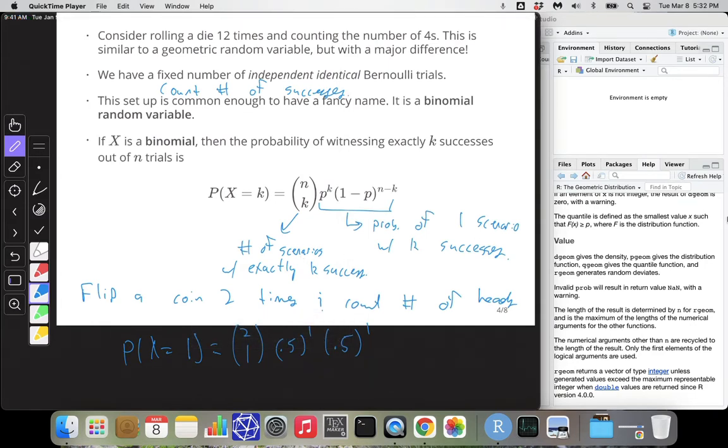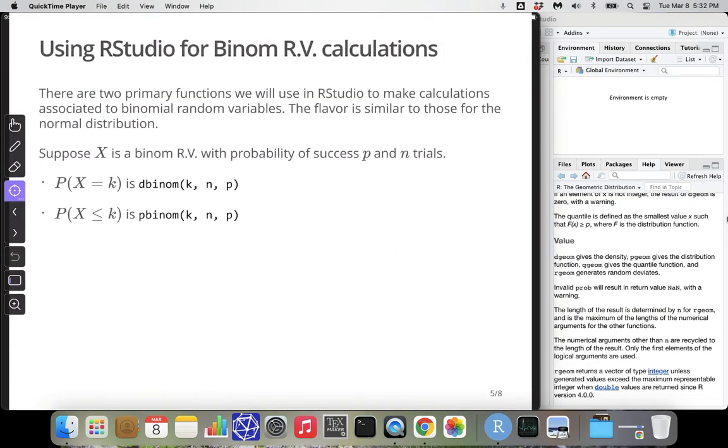If we had larger numbers, or if we just wanted to do more calculations, going about making binomial calculations in this way could get a little tedious. There's kind of a lot of typing involved. So what we'd hope for is a nice, easy way to use RStudio to make calculations about binomial random variables.